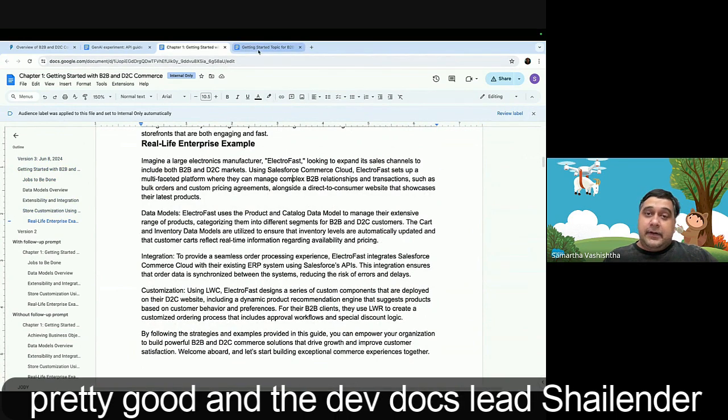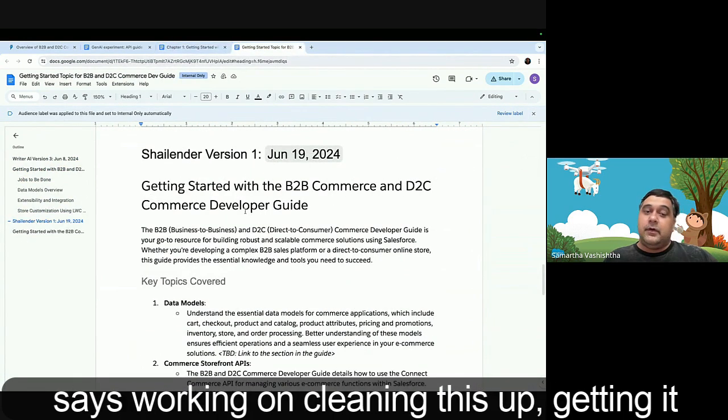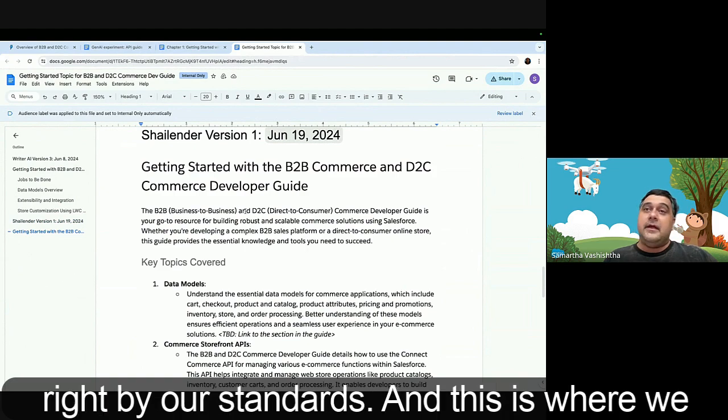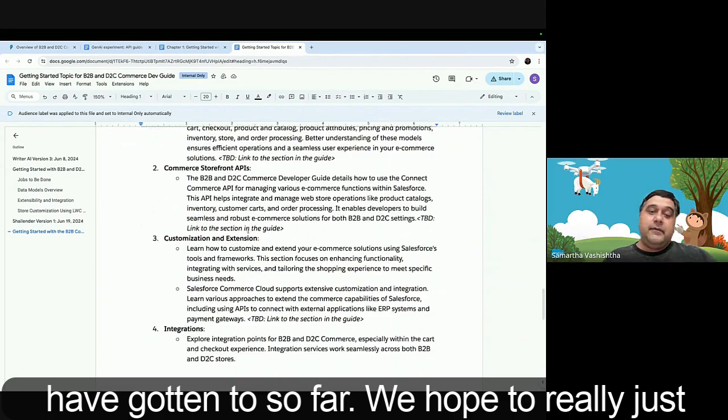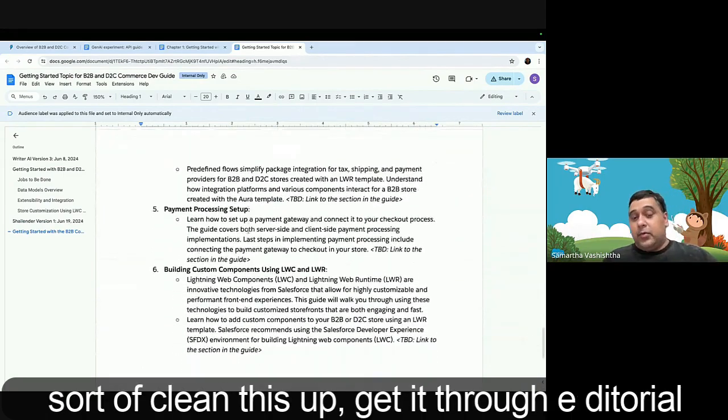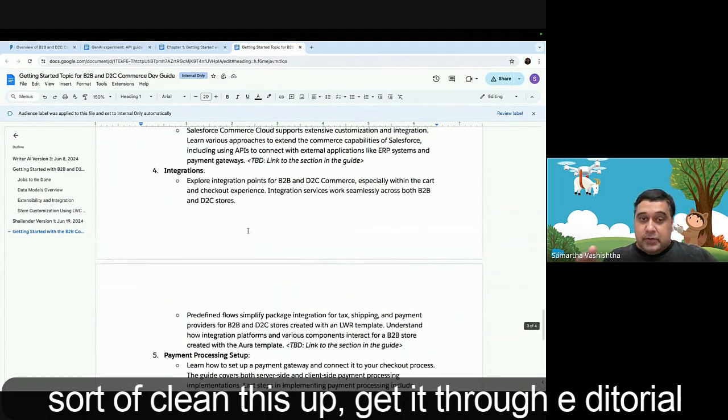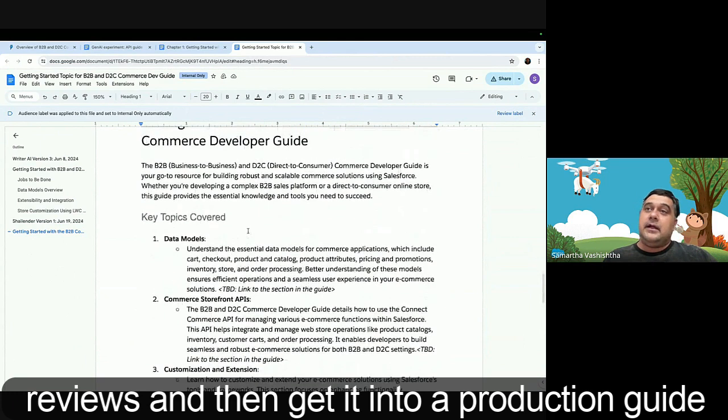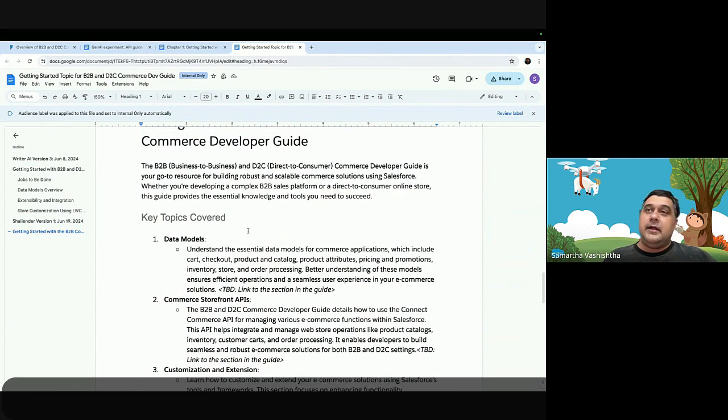Our DevDocs lead, Shailendra, is working on cleaning this up, getting it right by our standards. This is where we have gotten so far. We hope to clean this up, get it through editorial reviews, and then get it into our production guide in a couple of weeks.